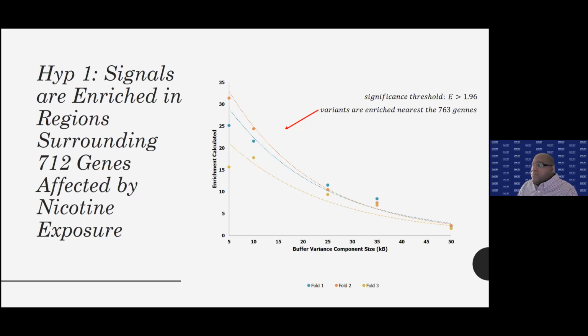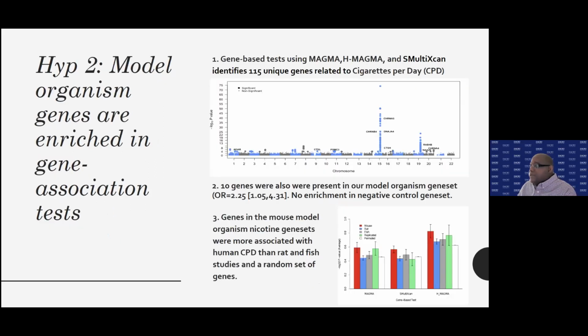We did some follow-up analyses to try to make better sense of this, because there are new technologies coming out that help us identify where regulatory elements might be for specific genes of interest. Another thing we did related to our second hypothesis was to collapse data across the gene-level analysis approaches: MAGMA, H-MAGMA, and X-MultiXcan.